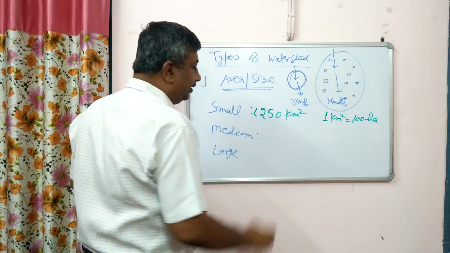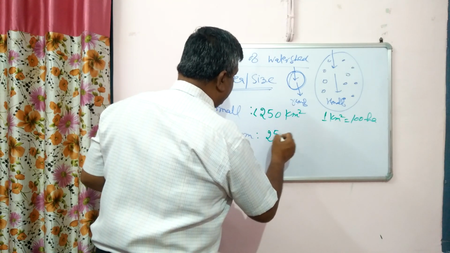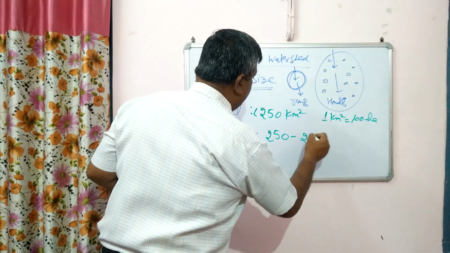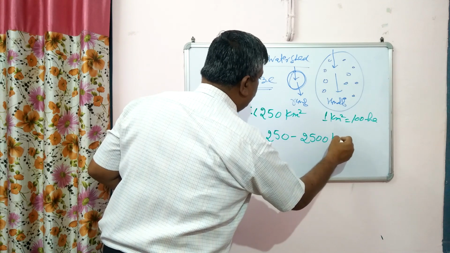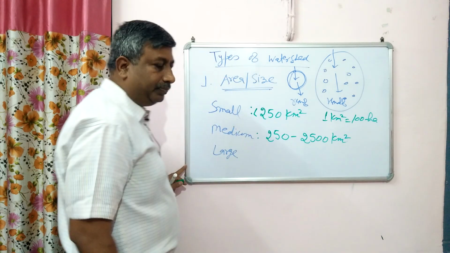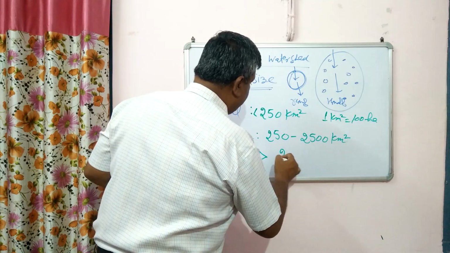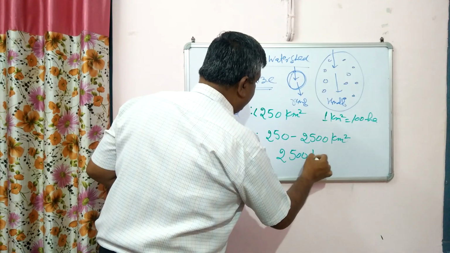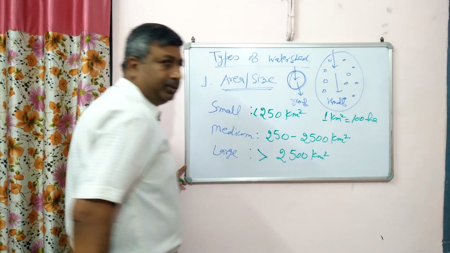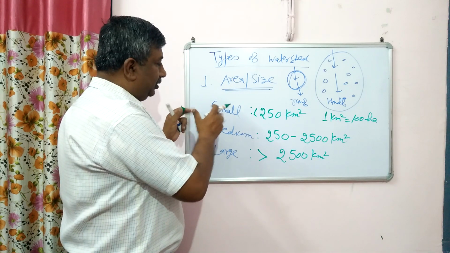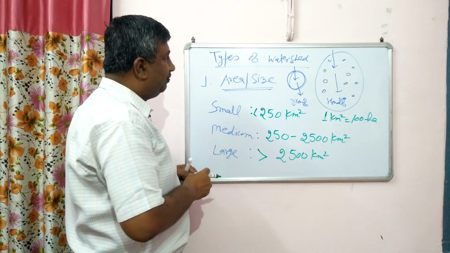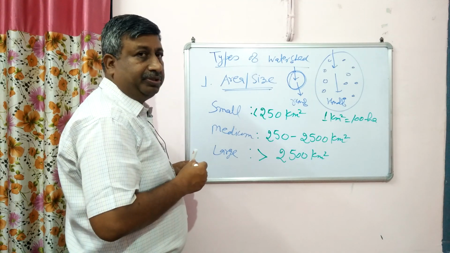In case of medium, the size is 250 to 2500 square kilometer. Similarly, in case of large, the area is more than 2500 square kilometer. So this is the general classification of watershed on the basis of area.